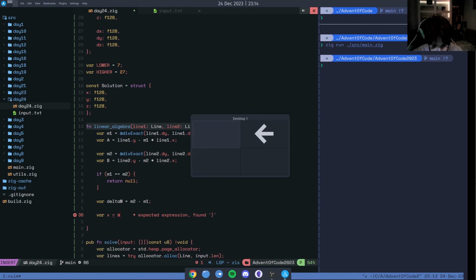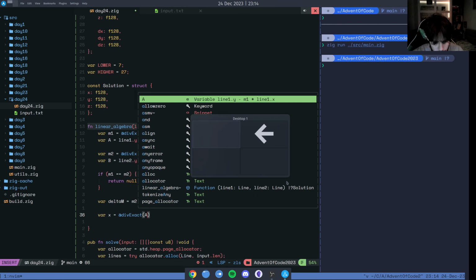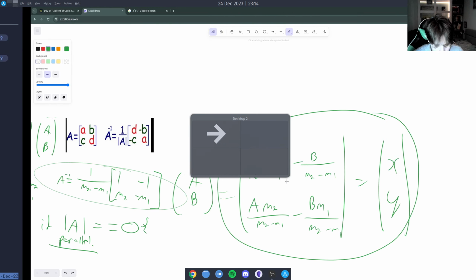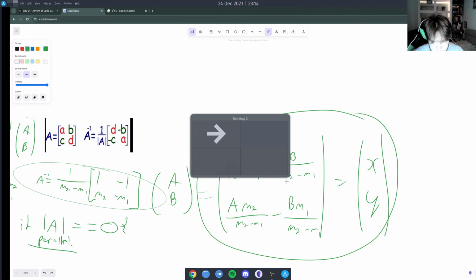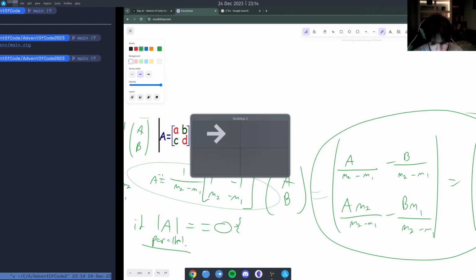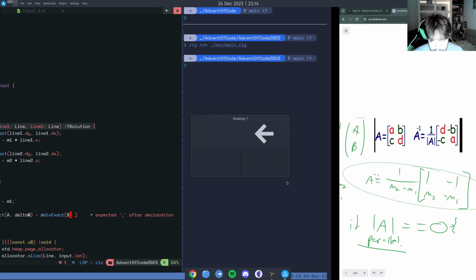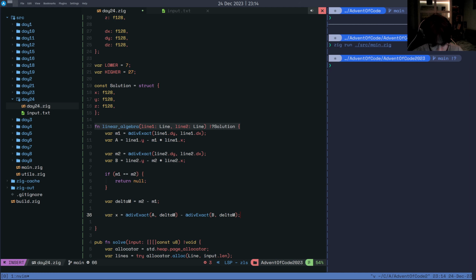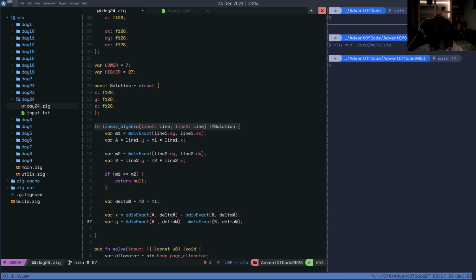So div exact A and delta m minus div exact minus B. Oh yeah, there's a minus there already, so don't need that. And then delta m, and then y is going to be something very similar, but we times the A by m2 and the B by m1.